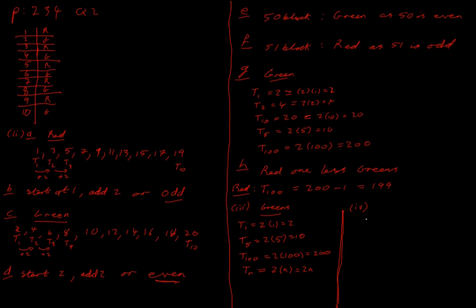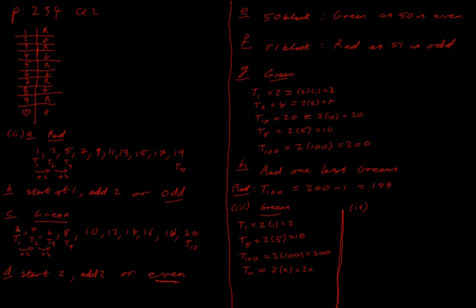Now Barry said to find the position number of the red block, you work out 2n minus 1, where n is a natural number. Does this work? Explain what 2n minus 1 means in this context. Well, this is basically the argument that we made just here, isn't it? We saw when we looked at our lists that to get a red number, it was 1 less than our green number.